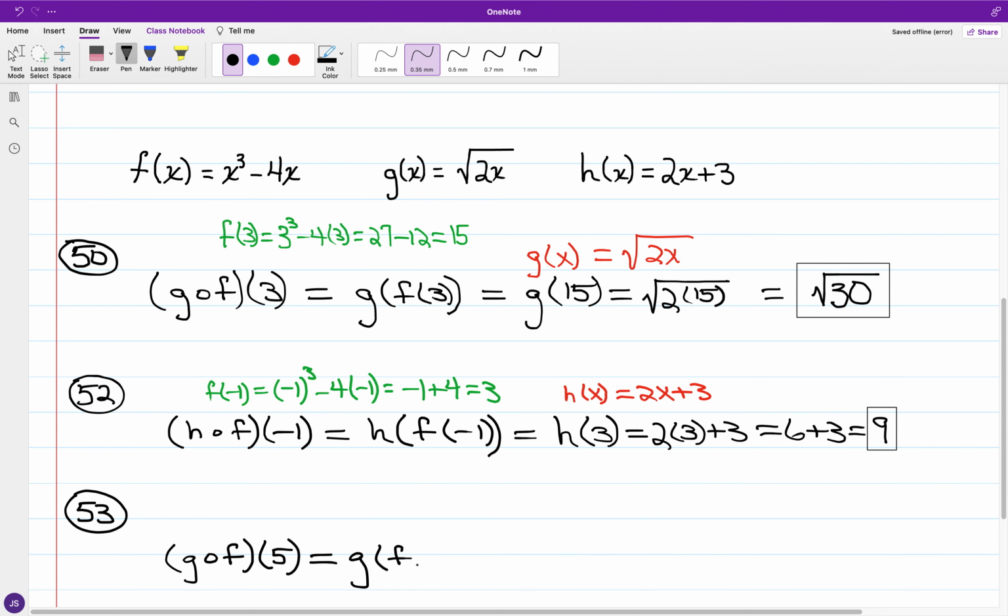So we're going to have G of F of 5. And evaluating, first of all, F of 5, we're going to have, once again, the cube of the input minus 4 times the input. With the input at 5, this comes down to 5 cubed, which is 125, and subtracting 4 times 5, so we have minus 20.